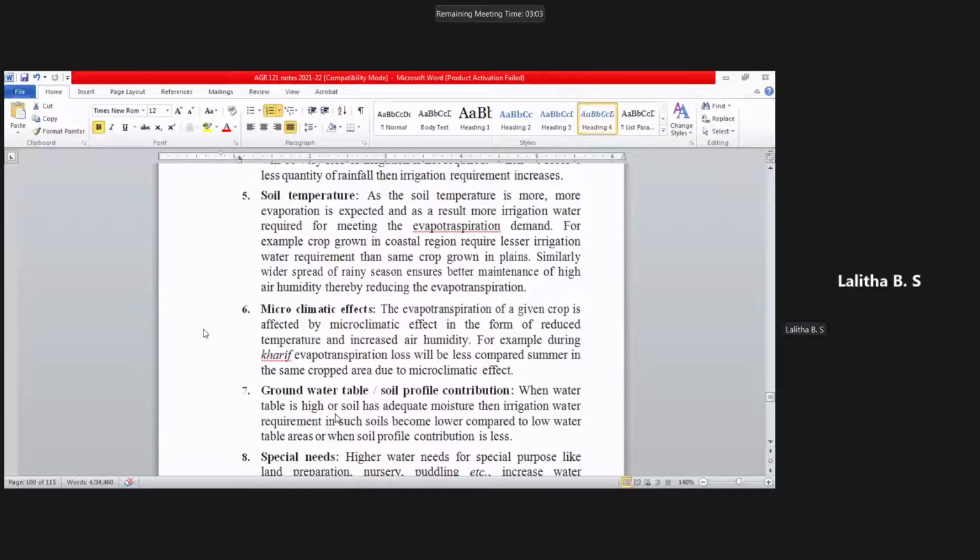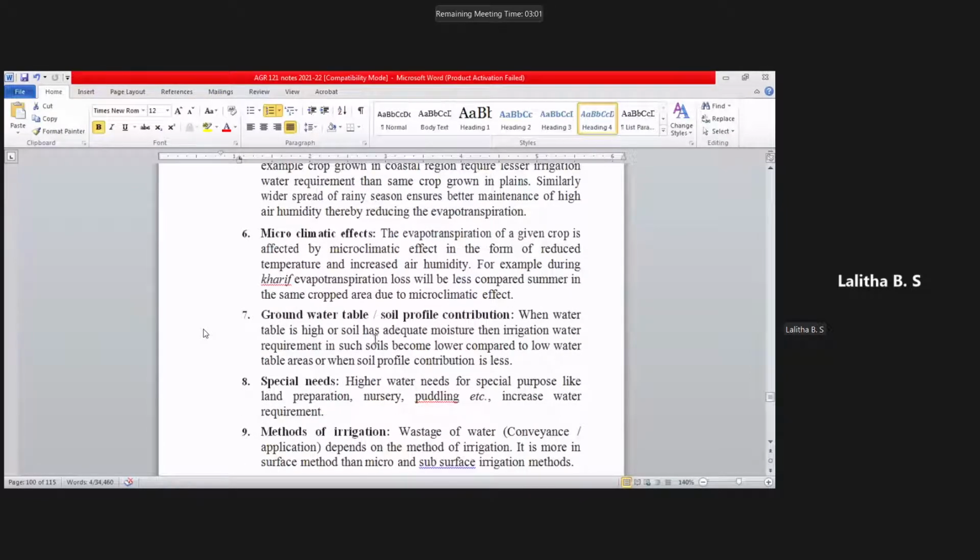Then again, the groundwater table or soil profile contribution. See, if you go to high rainfall areas like Kerala or the coast, if you dig maybe 1 or 2 feet, automatically you are going to get moist soil, because the water table is high.